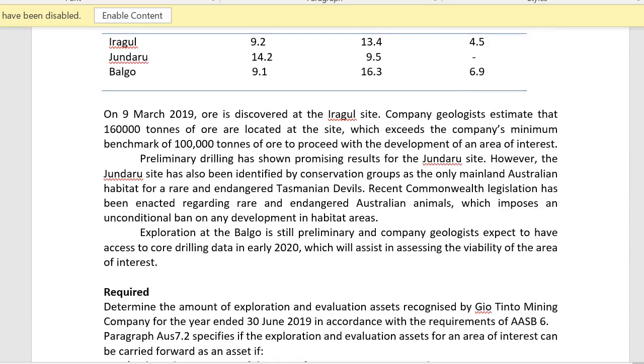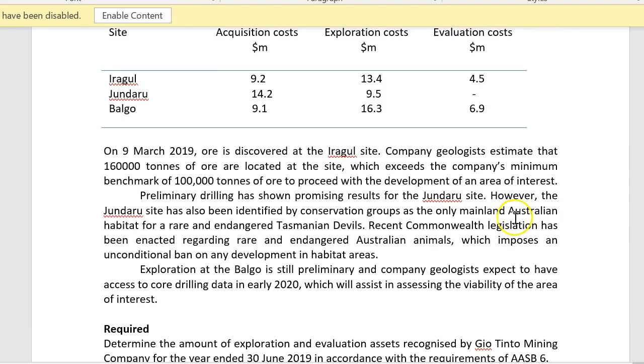All right, Jundaru. Jundaru has been identified by conservation groups as the only Australian mainland habitat for rare and endangered species, mainly Tasmanian devils, and Commonwealth legislation has been enacted regarding rare and endangered animals, which imposes an unconditional ban.